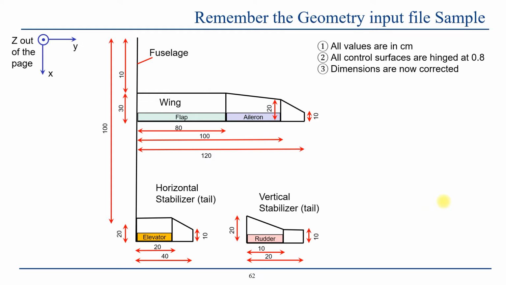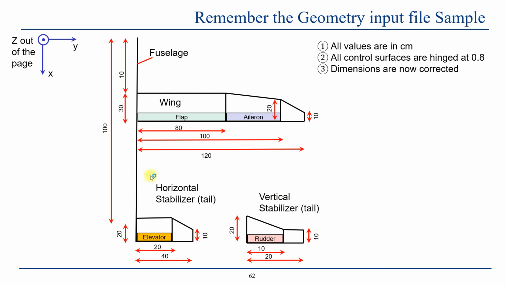So this is the AVL geometry that we discussed last time. If you pay attention to the dimensions here, I have gone back and corrected these dimensions and updated the geometry file so that we can have a meaningful design that does not have the horizontal stabilizer and the vertical stabilizer bigger than the wing.